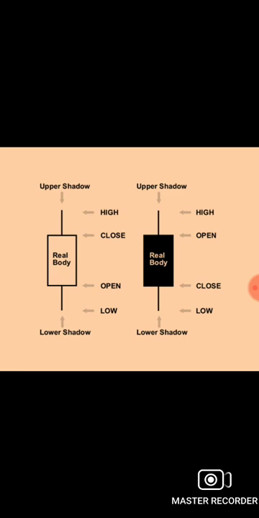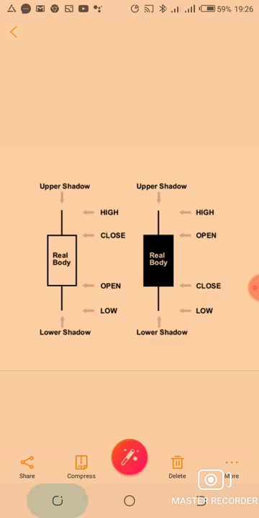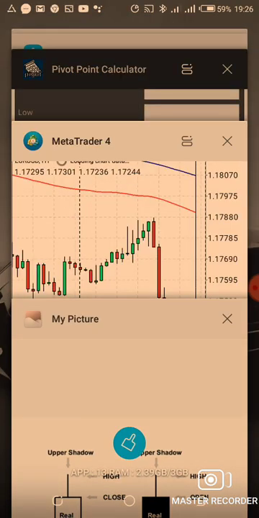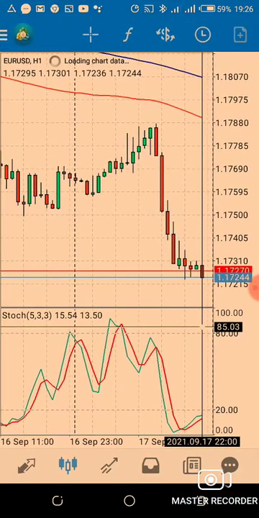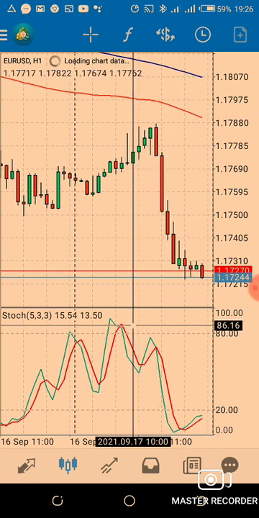The close of this candle is down here. So let's check it over there too. Now look at it, 1.17244 is the close of this candle. Can you see that now?